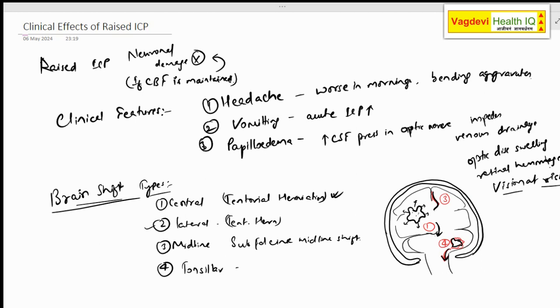So a unilateral expanding mass causes tentorial herniation because the medial edge of the temporal lobe herniates through the tentorial hiatus. So this will be called number 2, tentorial herniation of lateral type. Clear? Very nice.